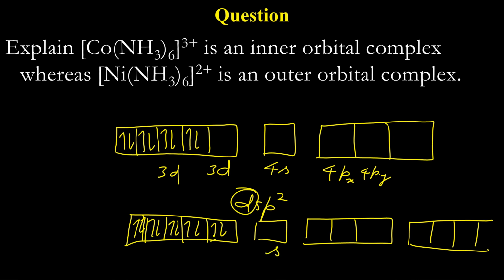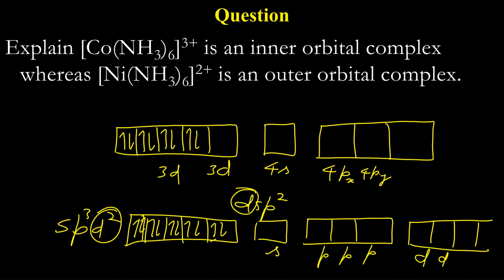So you have s here, you have p, p, p, and then d. Say it is d2. Here you are using sp3d2 configuration. Here d is of outer shell, fourth shell. So it will be an outer complex. Clear? So outer orbital complex, inner orbital complex, this is the difference.